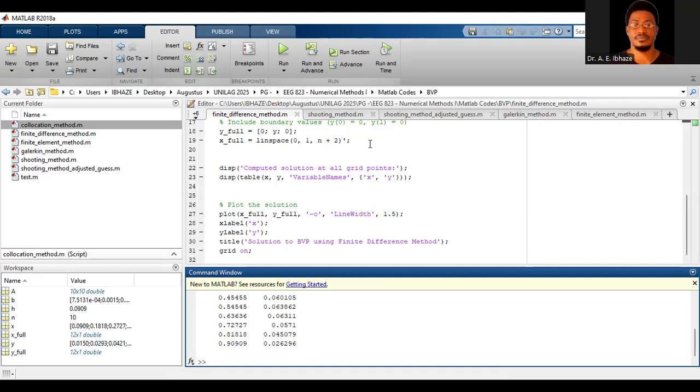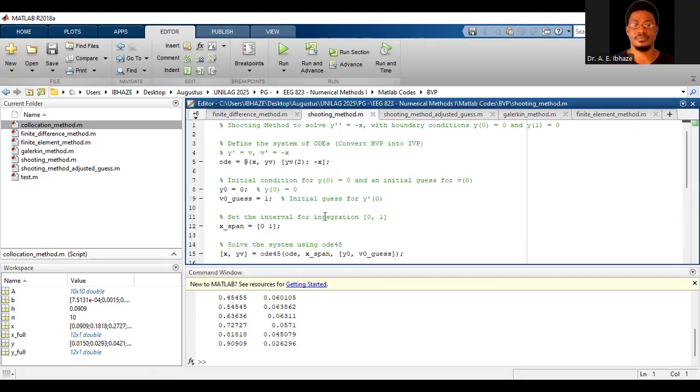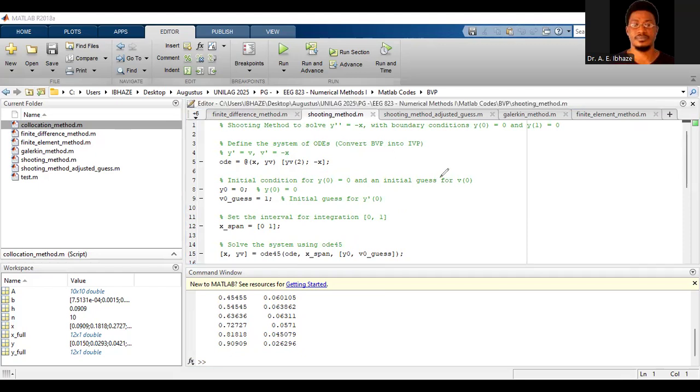And when we consider the shooting method, as we explained earlier, we will first have to convert the boundary value problem to an initial value problem. And in this case, we can assume that negative d squared y by dx squared is the same as y prime prime, then the same as negative x.